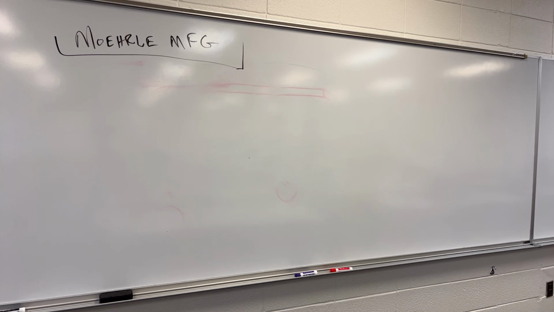Morley Manufacturing has excess capacity and can fill this order without disturbing production for the other customers, which is actually an important piece of information. It means there's no opportunity cost, right? They're not giving up space. They don't have to stop production of one product in order to produce another product, which really simplifies the problem.